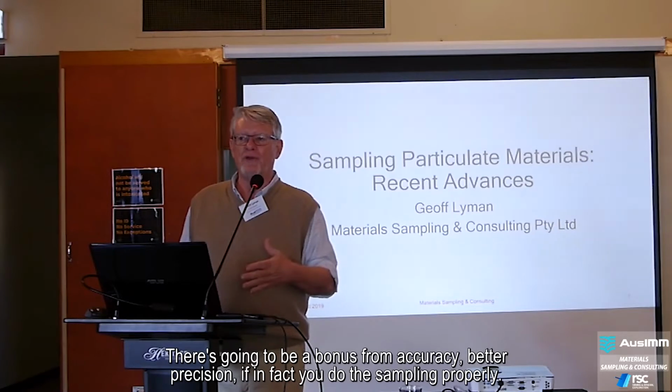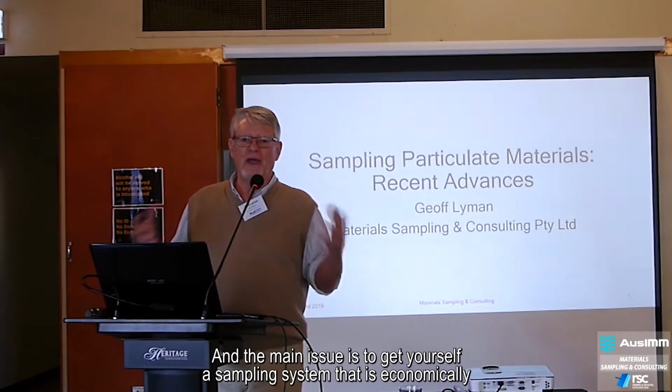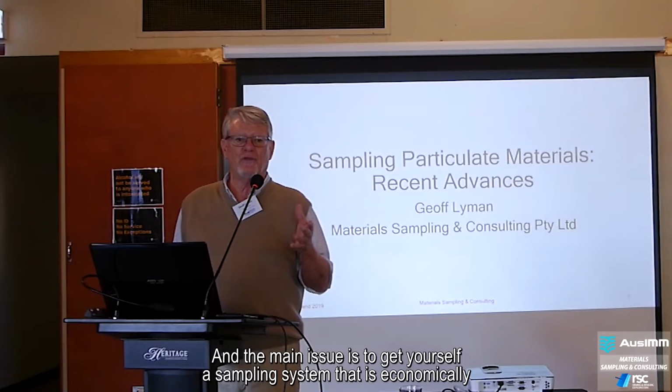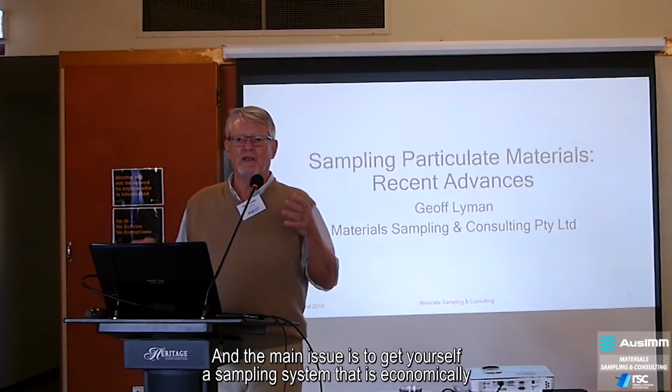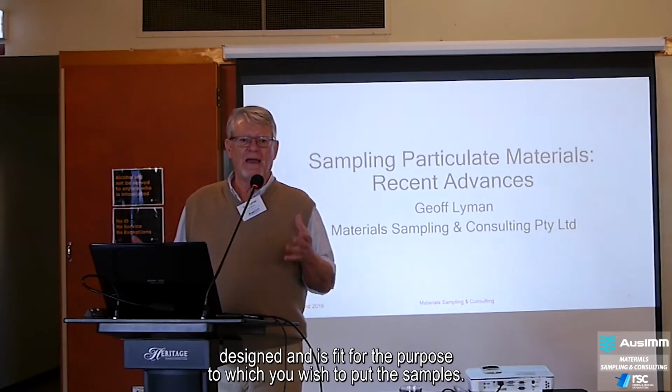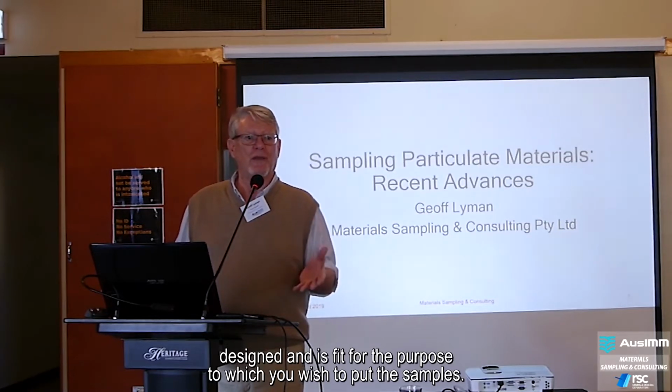There's going to be a bonus from accuracy, better precision, if in fact you do the sampling properly. And the main issue is to get yourself a sampling system that is economically designed and is fit for the purpose to which you wish to put the samples.